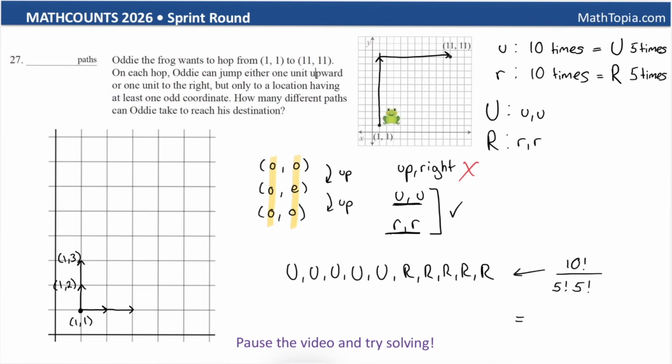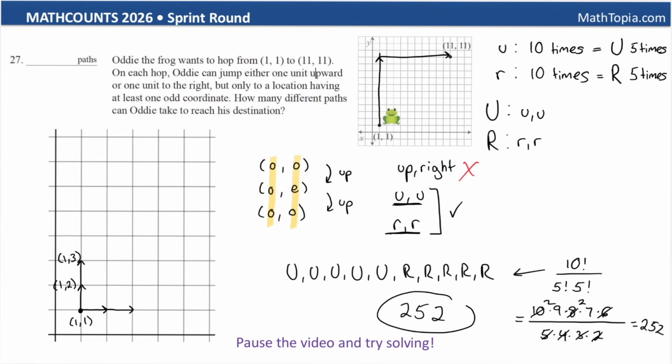Just doing this without a calculator, this is 10 times 9 times 8 times 7 times 6, divided by 5 times 4 times 3 times 2. And then we can cancel out a few things, and we are left with our answer, which is 252. I'll just write this here to make it easier. So there are 252 possible paths.